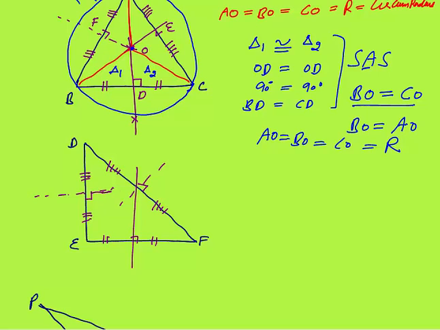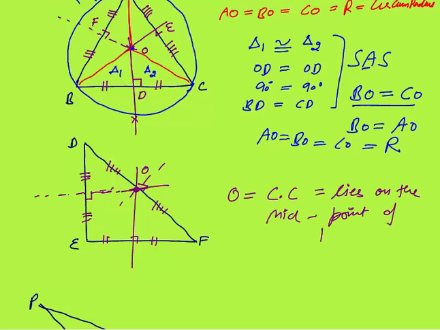Now you can see that at these three perpendicular bisectors, this point O is called the circumcenter. A very important point in a right angle triangle: the circumcenter lies on the midpoint of the hypotenuse.